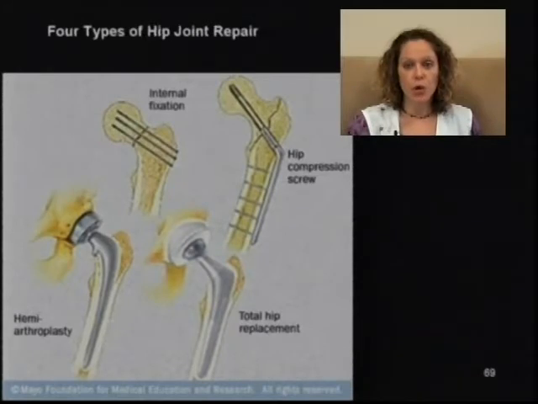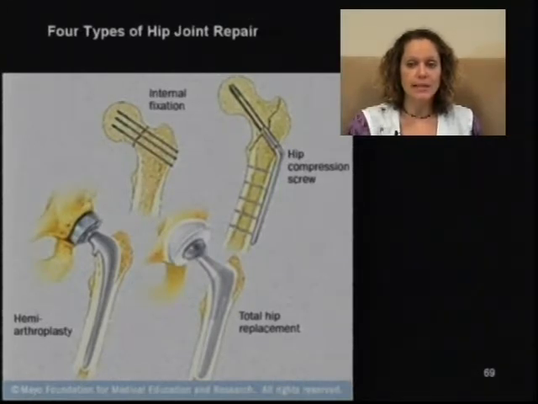So here are 4 types of hip joint repair. In the one labeled internal fixation, what we're seeing are compression screws, actually just the screws, the pins that are used to fixate the head of the femur to the actual bone. So here we had what we refer to as a transcervical fracture, and these pins are in place to fix that bone back together.